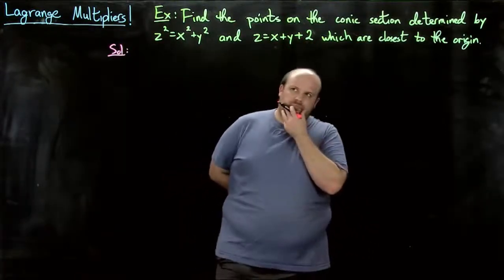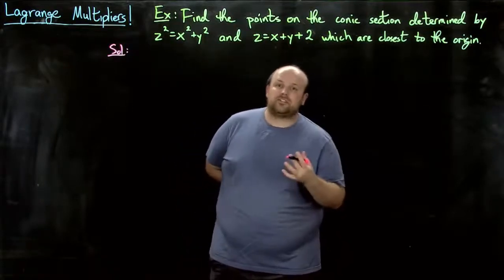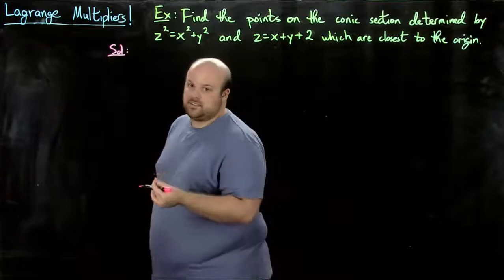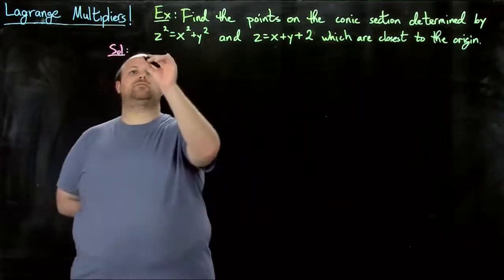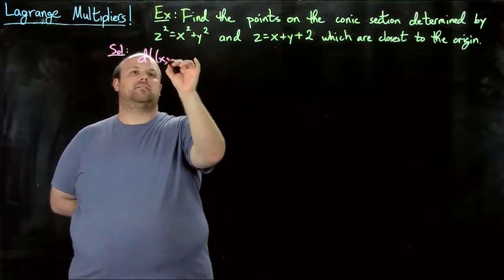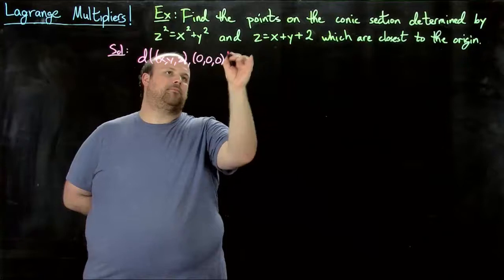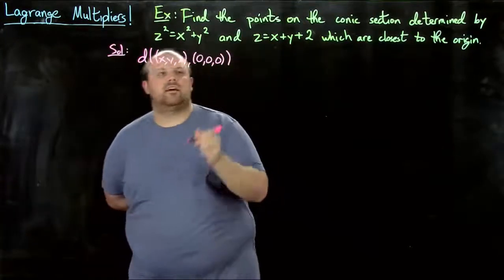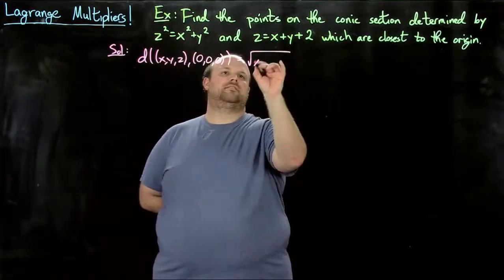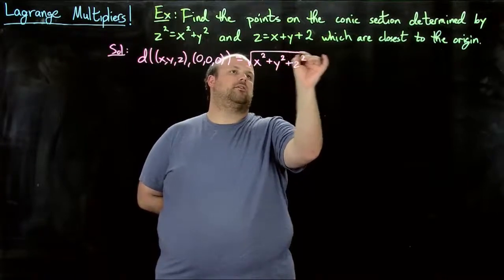Well, we're looking for points which are closest to the origin, so we're trying to minimize the distance function. That is the distance from (x, y, z) to (0, 0, 0), which is simply the square root of x squared plus y squared plus z squared.